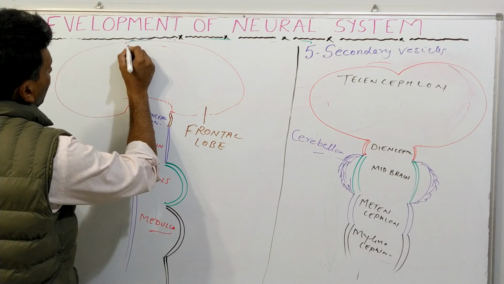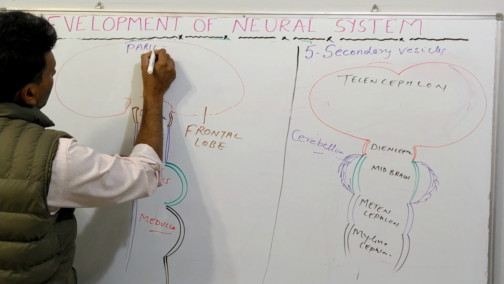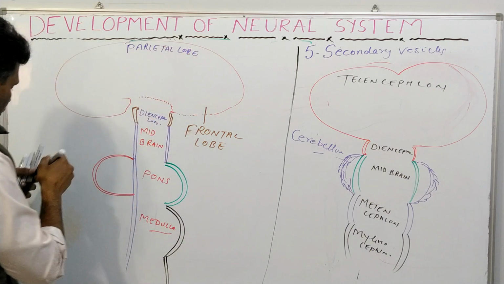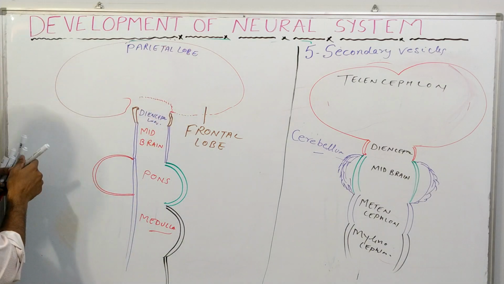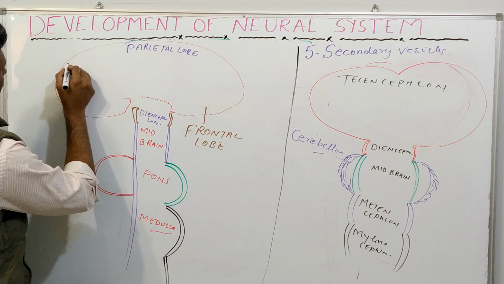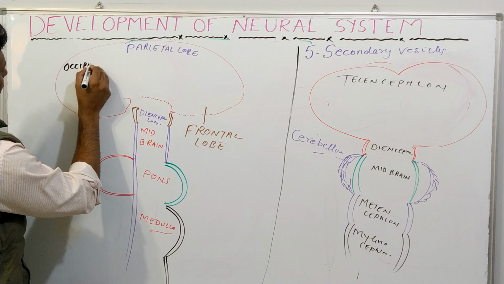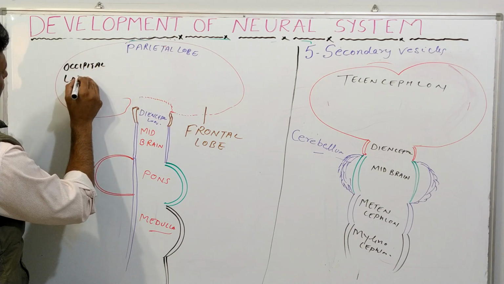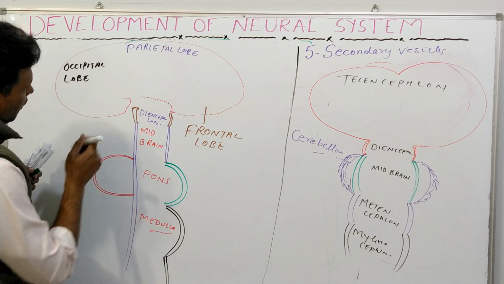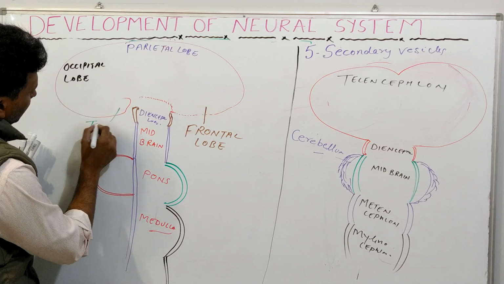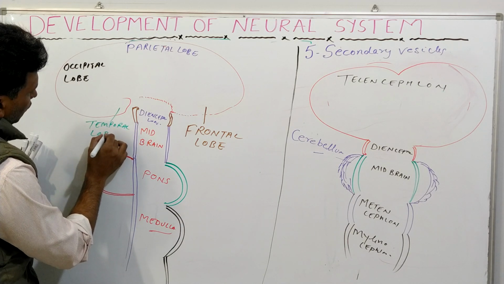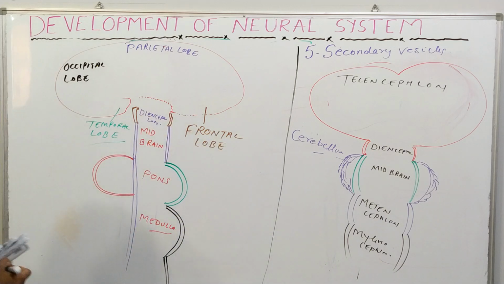This is your occipital lobe, and this is your temporal lobe, from the 5 secondary vesicles.